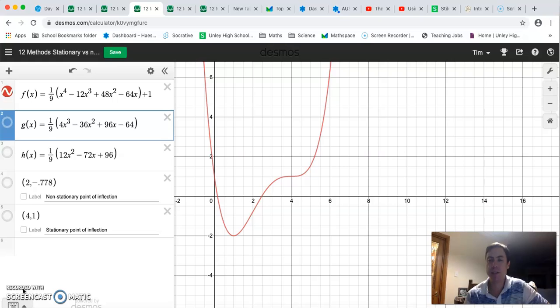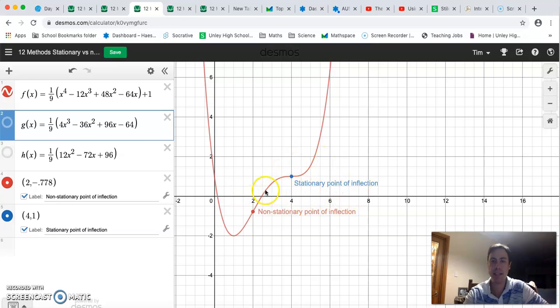We have a quartic function, as I just said, and it has 2 inflection points, which I have labeled here and here. One of them has a gradient of 0 and is called a stationary point of inflection.